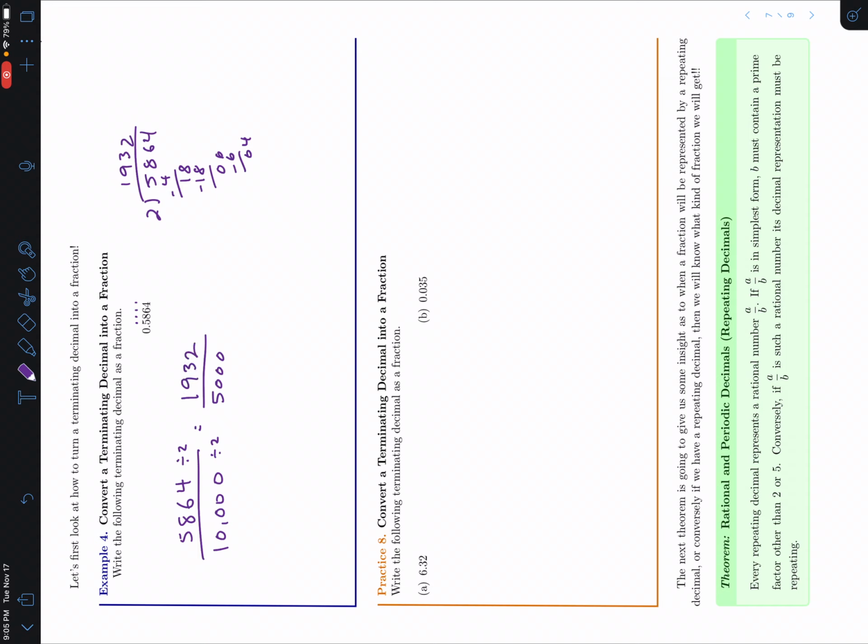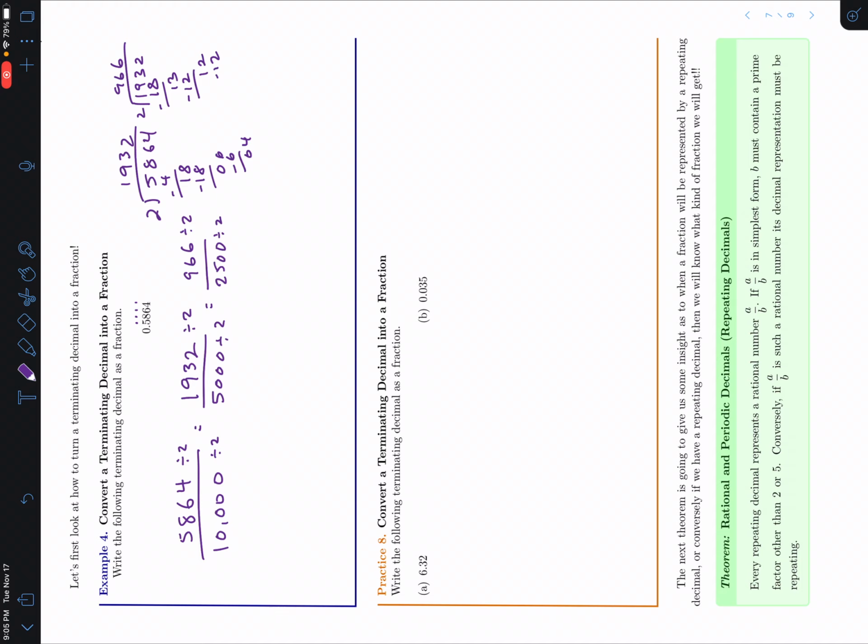So now they're both even again. So let's do the same thing again. The bottom again is pretty easy. It's just 2,500. But now I want to take 1932 and divide it by 2. So 9 times 2 is 18. 2 goes into 13 6 times. 2 goes into 12 6 times. So they're still even. Let's try this again.